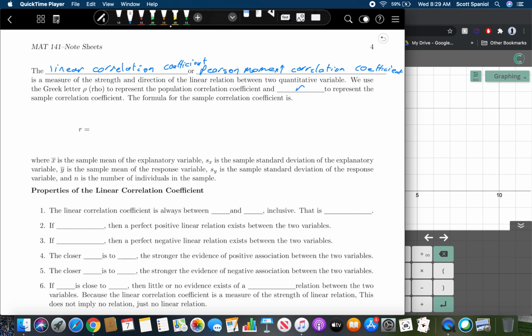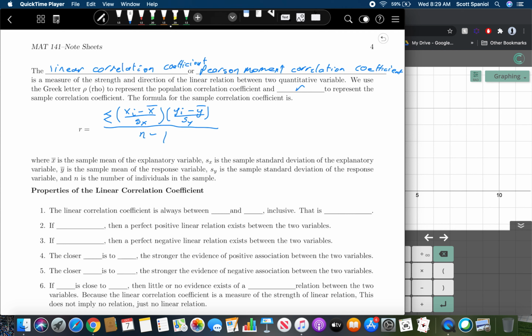The formula for this is the sum of all the (x sub i minus x bar) over s sub x, times (y sub i minus y bar) over s sub y, all over n minus 1.